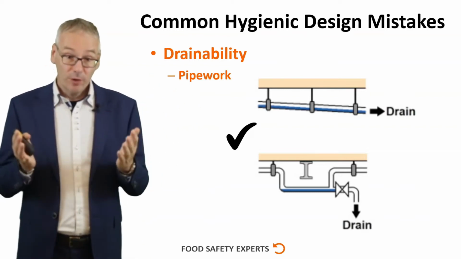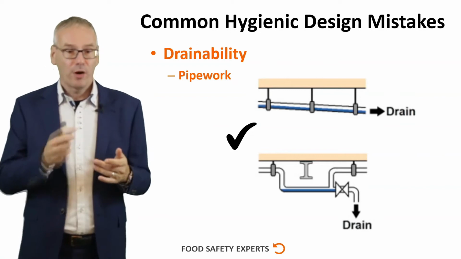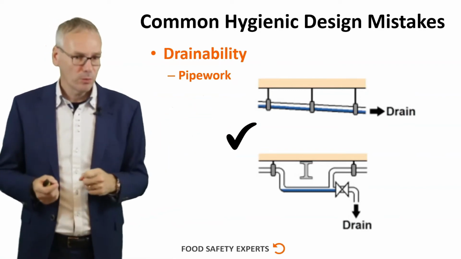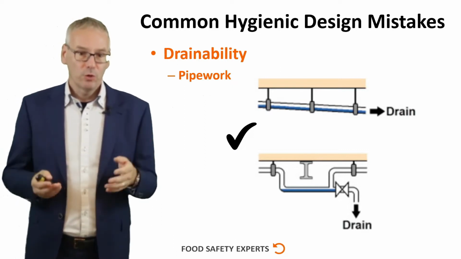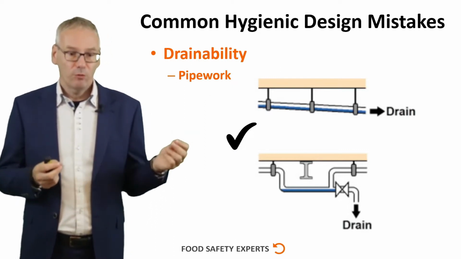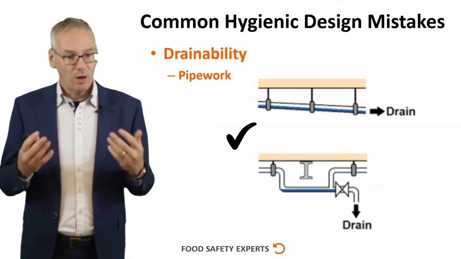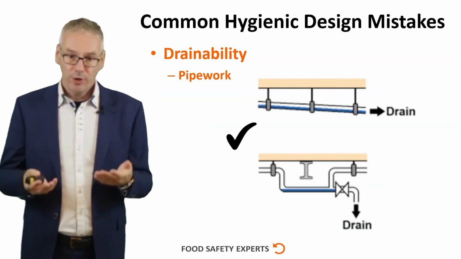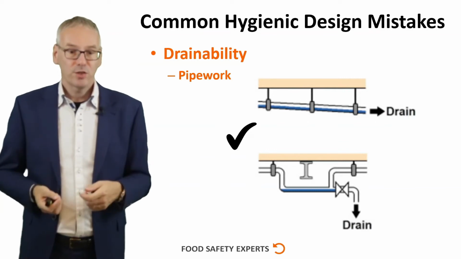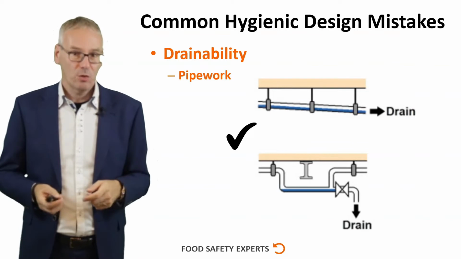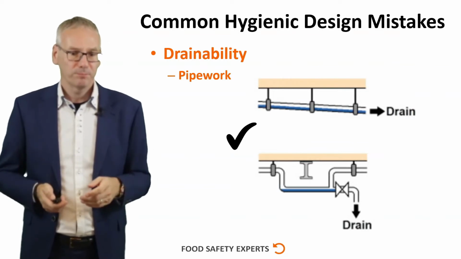And if there is a support that you need to go around and there's no other way, you should do what is shown in the bottom picture. You should include a specific drain valve at the lowest point in your belly, so that after cleaning you can drain this pipe and make sure it's empty and there's no standing water, and you really minimize the risk of the creation of a biofilm.